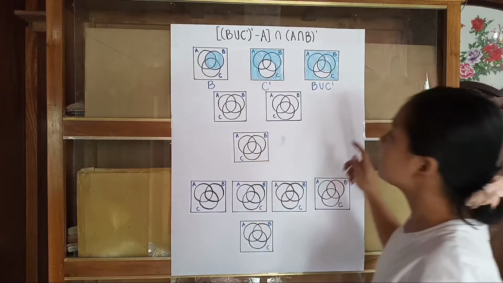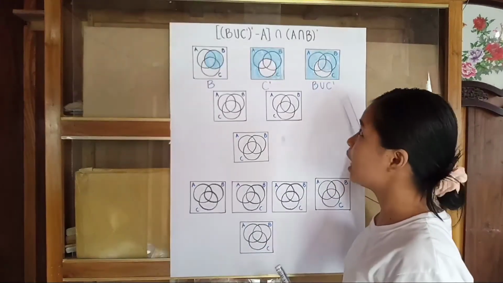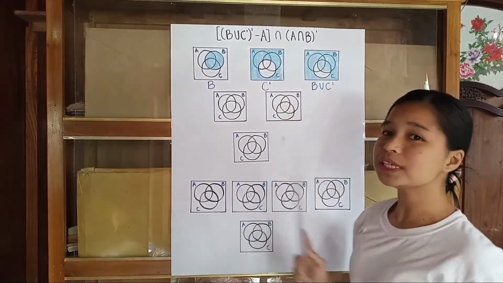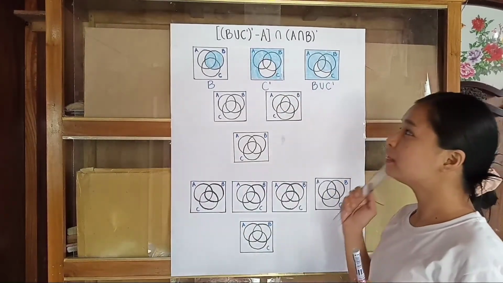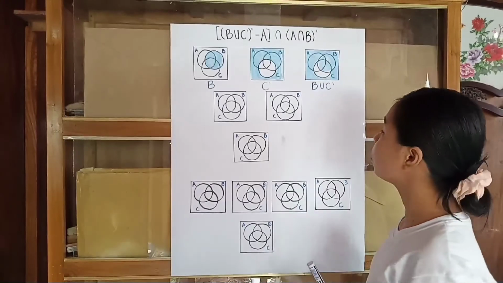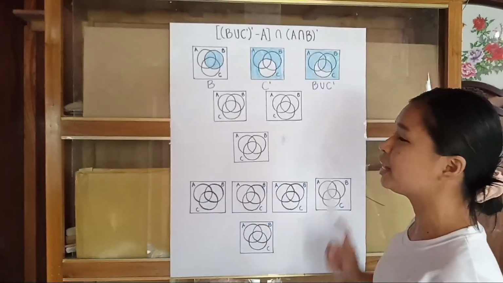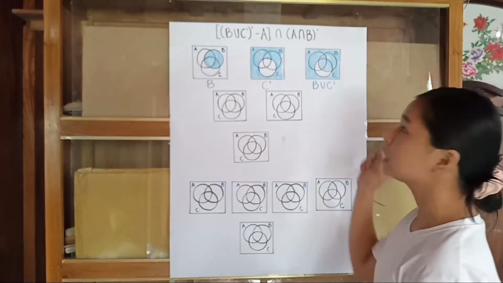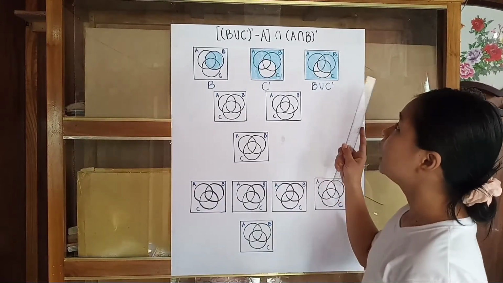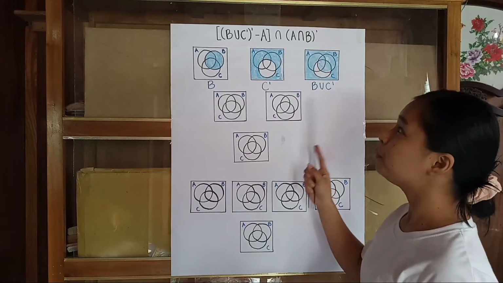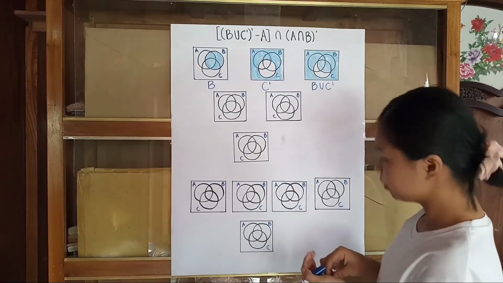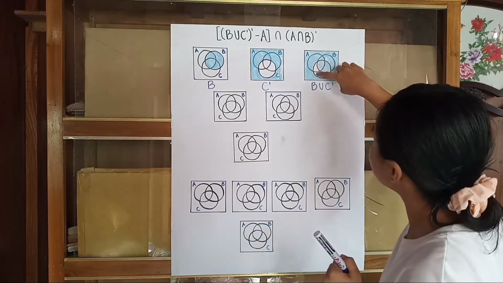We're not yet done because we need to find its complement. When we say complement, it is everything that is not part of the union of B and the C prime. So we need to shade everything that is not part of the union of the B and the C prime. As we can see, this is the only part that is not shaded.